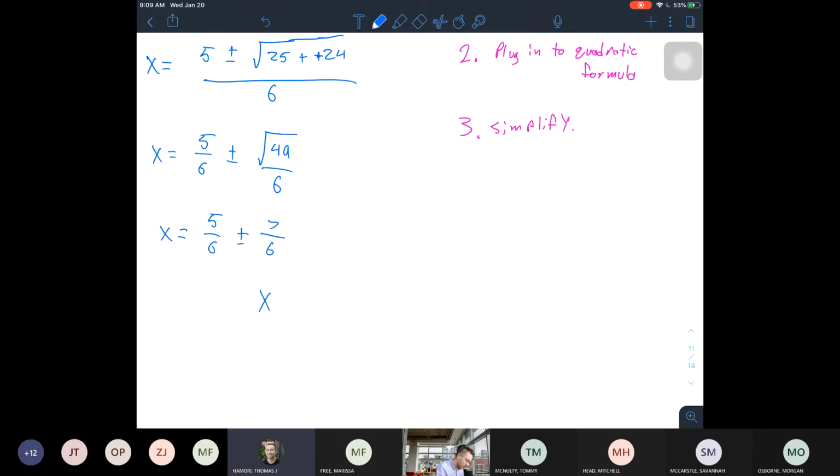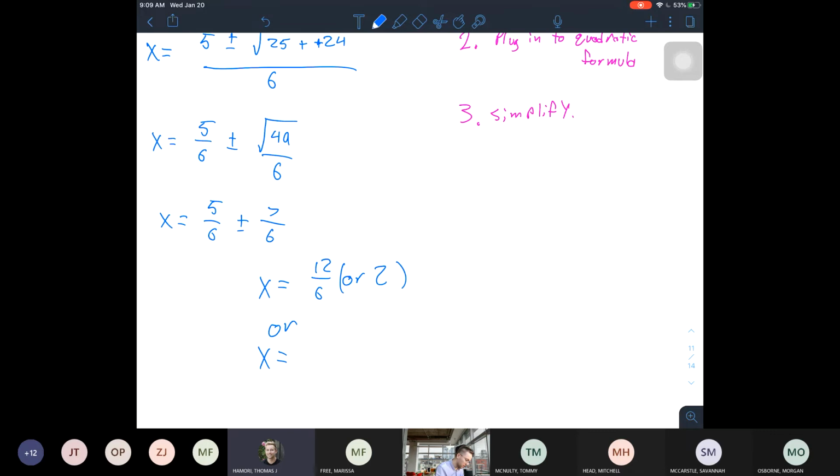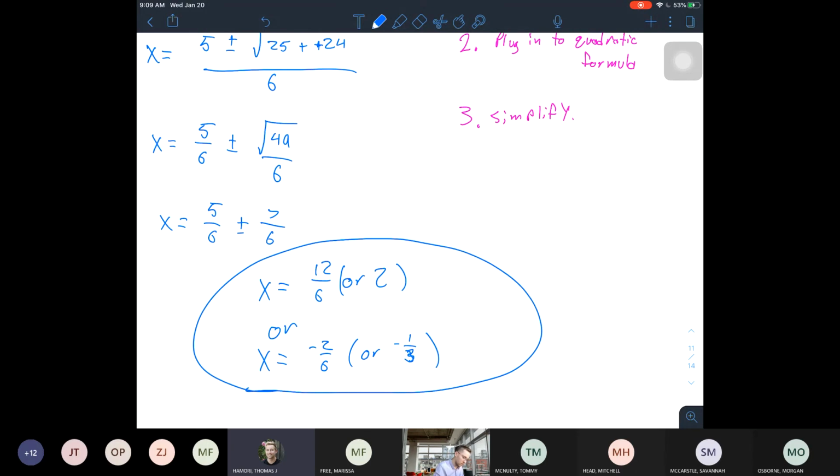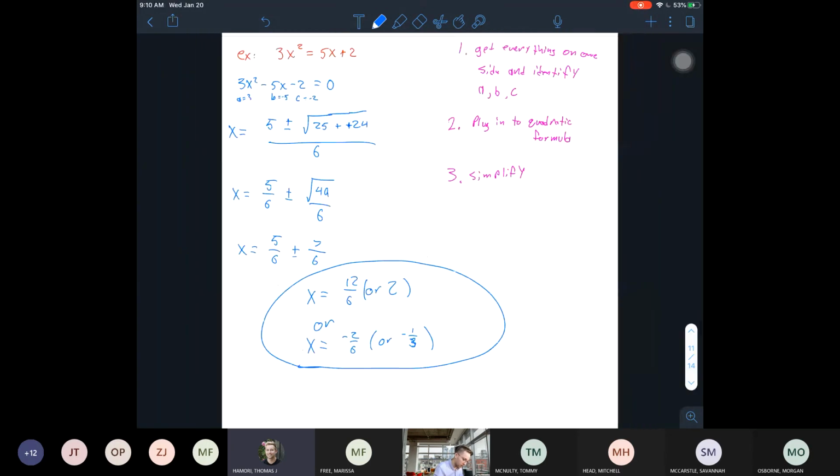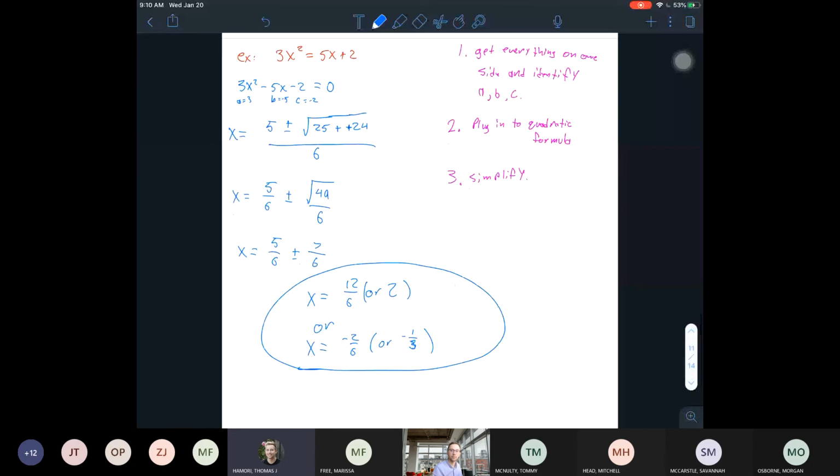So our two answers will be x equals 12/6 or 2, or x equals, if we were to subtract 7 instead, -2/6 or -1/3. All right, so that's how we'd fully simplify that.